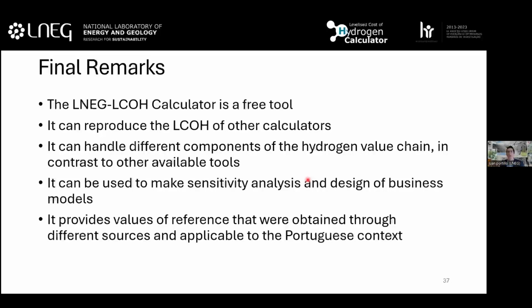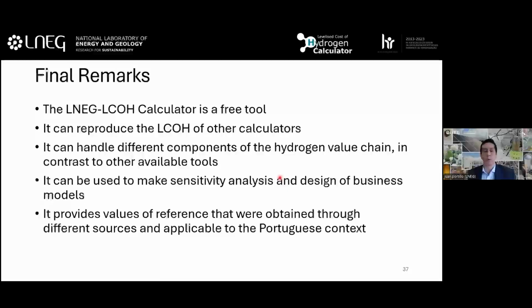If you find a bug or a problem with the tool, please report it. In that sense, we can make the user experience better and the tool more useful for anyone. It can reproduce the levelized cost of hydrogen of other calculators, as we have seen. It can handle different components of the hydrogen value chain. That is one of the advantages of this tool, and it is user-friendly.